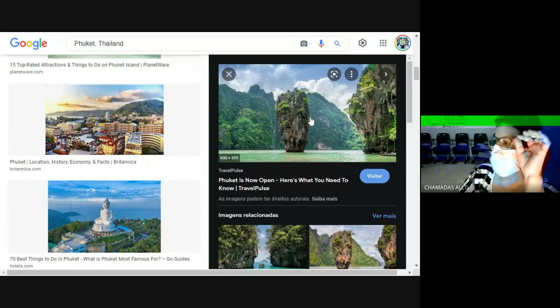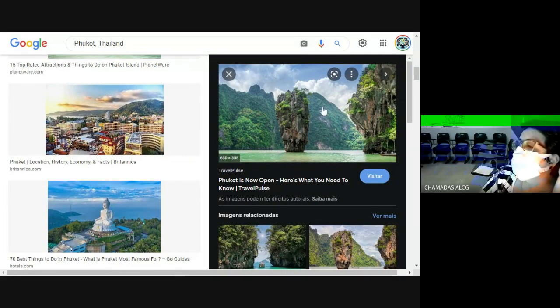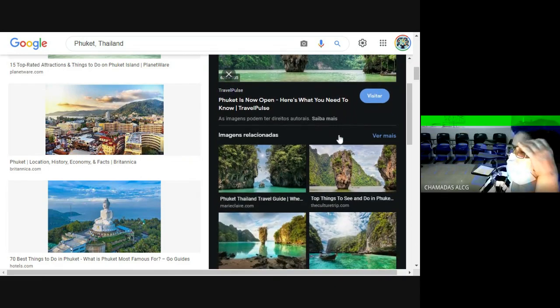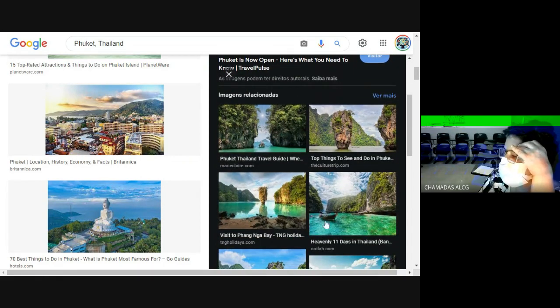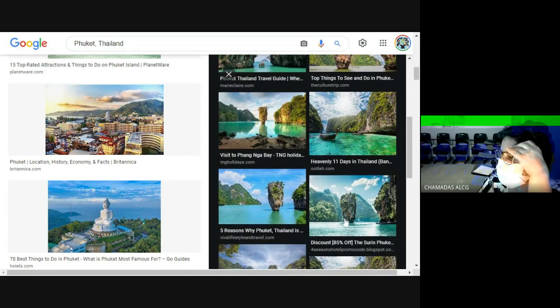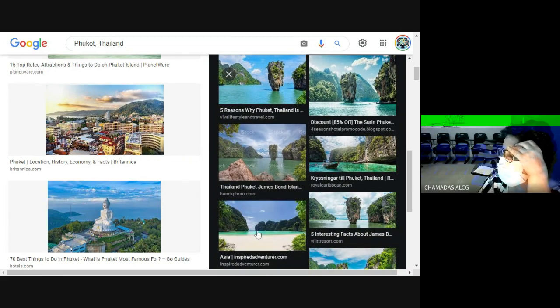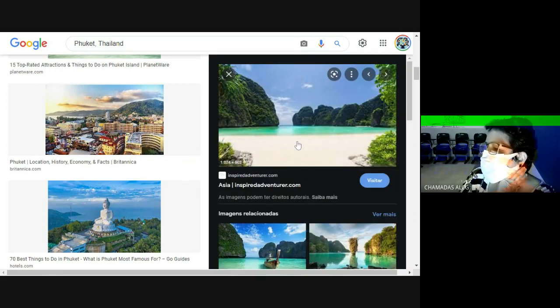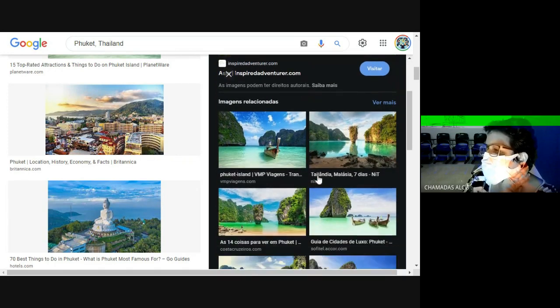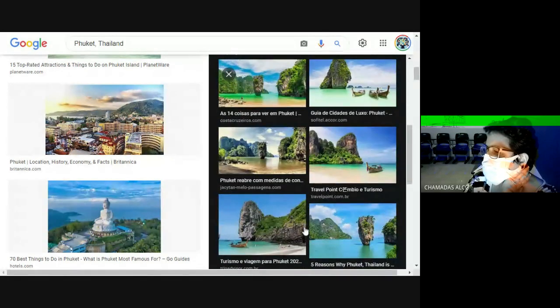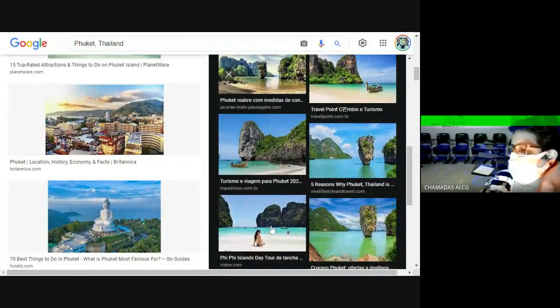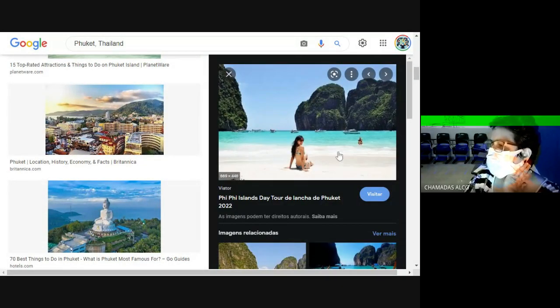They have rock formations that look like a dream. Look at this beach. My goodness, guys. It's really paradise. It's amazing. So that's a nice place to go, people. Really.